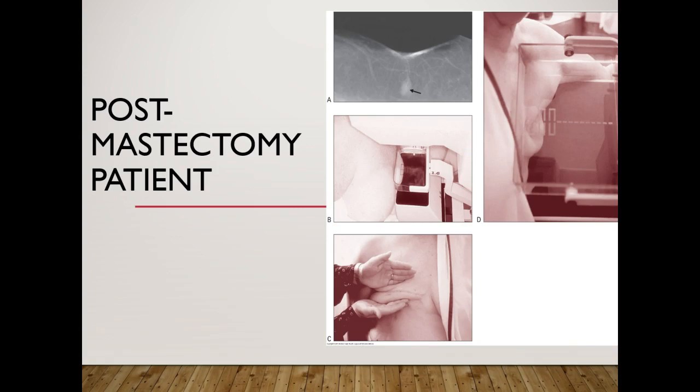For this particular patient, they went back and did a magnification view in B. And then you can see that the magnification view does show an area of interest in A. So it is important to do your best and get as much tissue on the image as possible and do those extra views to show the areas of interest.